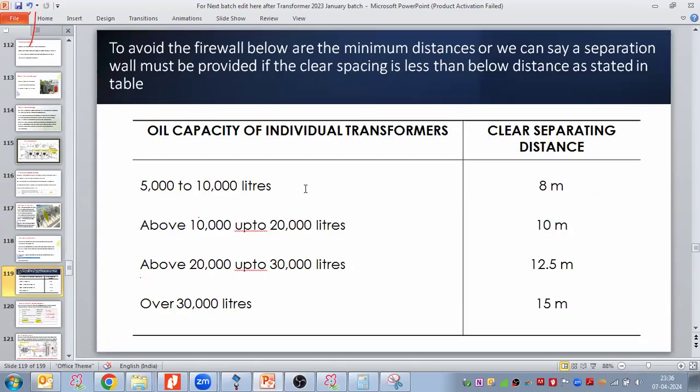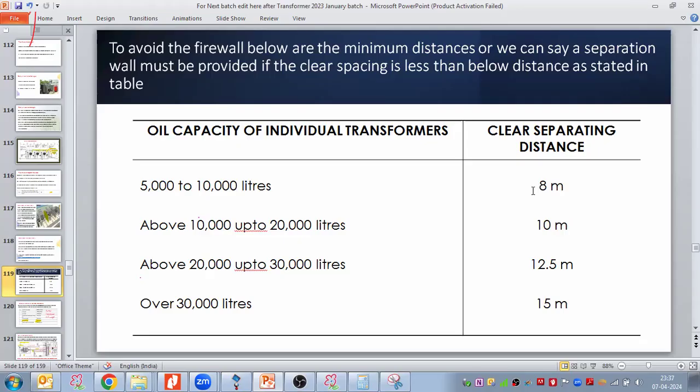So what we do, in case we have a transformer, first of all, below 5,000 liter, no need to consider anything. But in case the oil capacity of your transformer is greater than 5,000 liter and up to 10,000 liter, oil you have filled in your tank for the cooling of the transformer, then from the nearby control building we need to provide a clear distance of 8 meter.